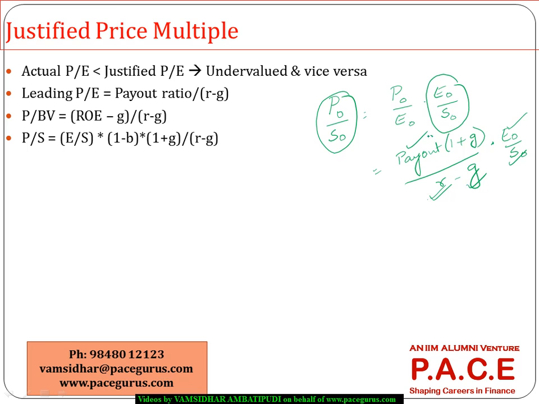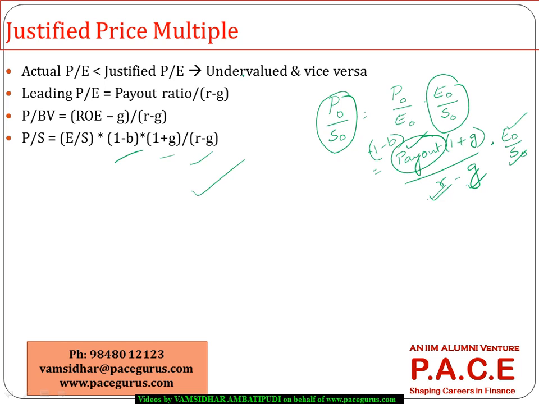Now, instead of payout, probably I can write it as 1 minus retention ratio. Retention ratio is generally written as B. So 1 minus the retention ratio into 1 plus G by R minus G is what is going as the justified multiple. So if I want to derive these numbers from the fundamental values and not from the market based values, I can arrive at all these kinds of calculations.